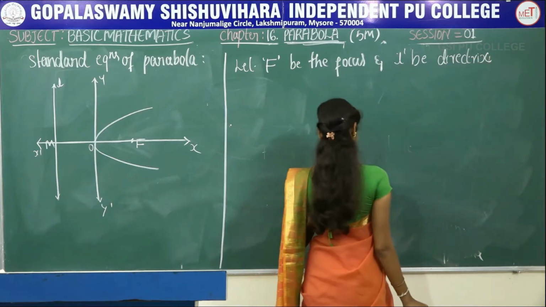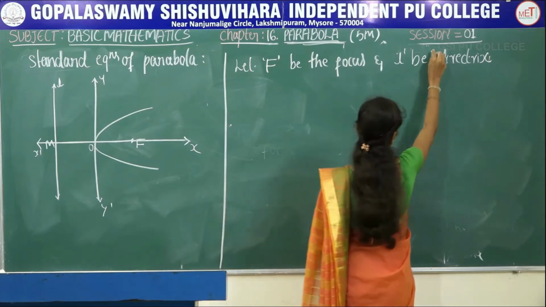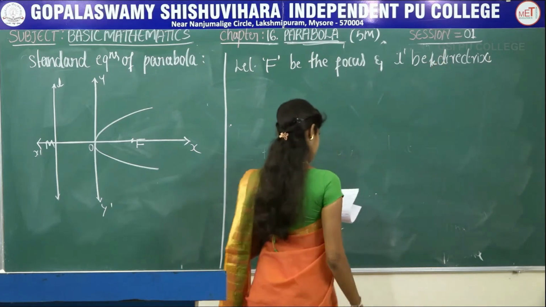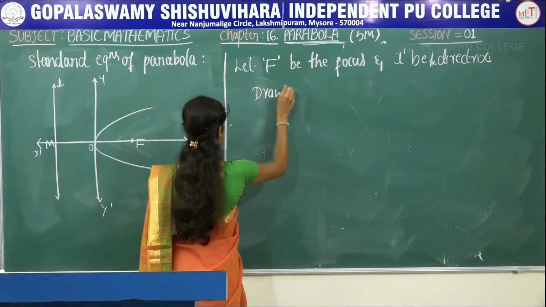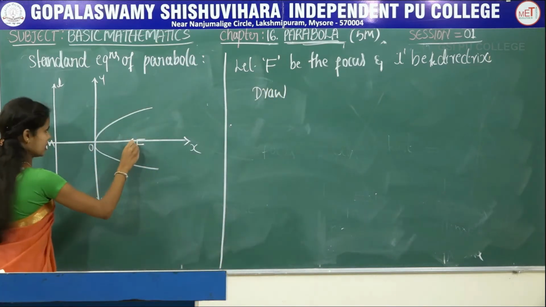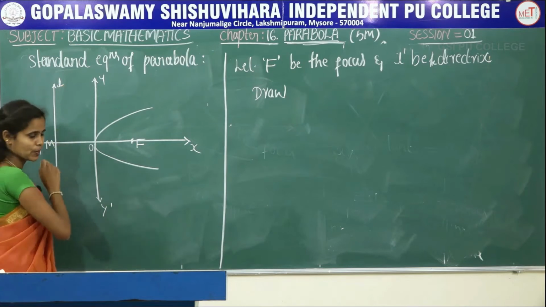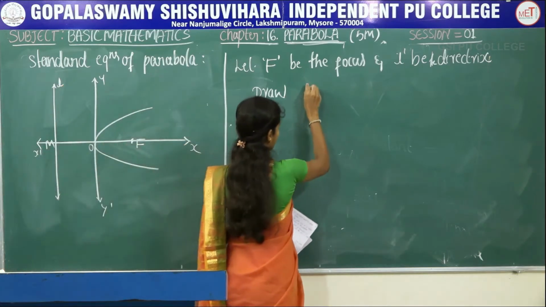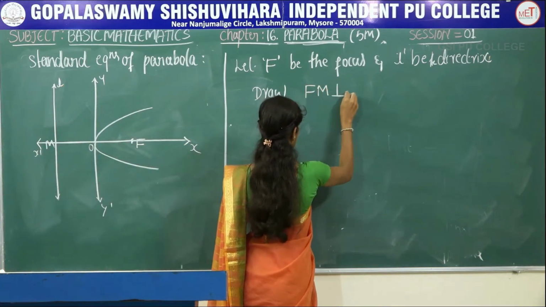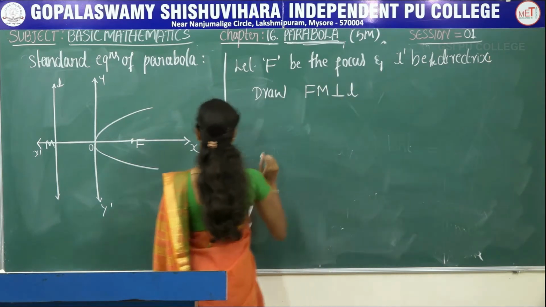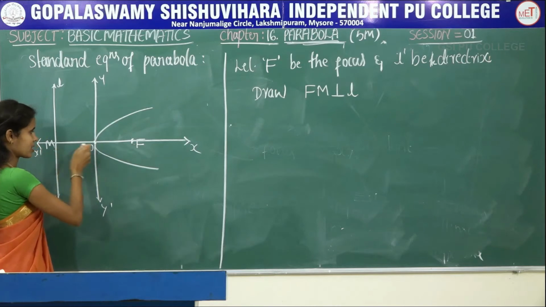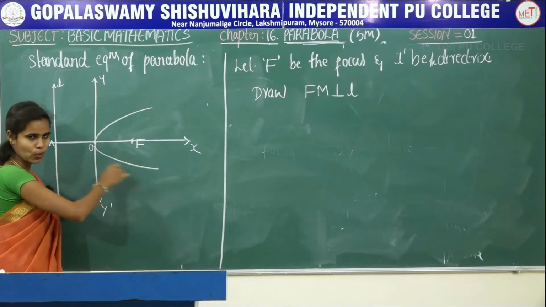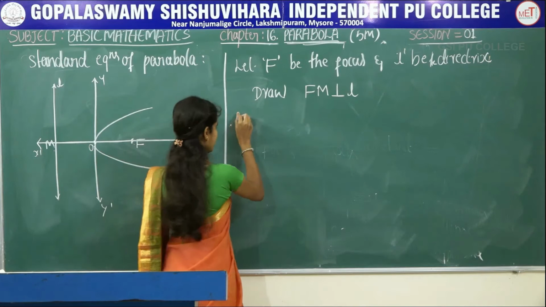Next, draw FM perpendicular to L. Next, by taking the midpoint of FM as the origin, introduce a coordinate system as shown in the figure.